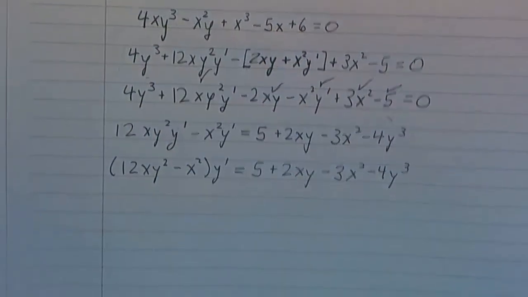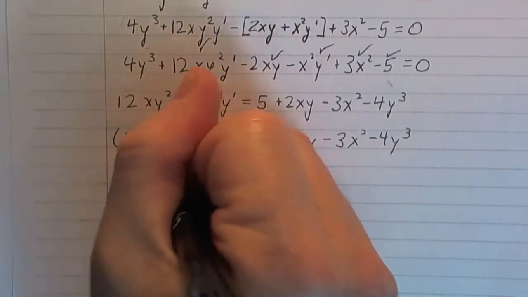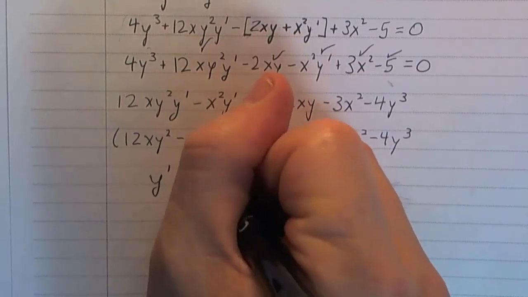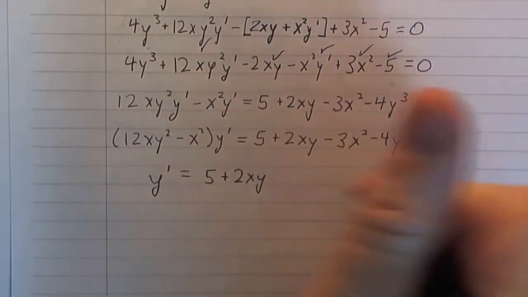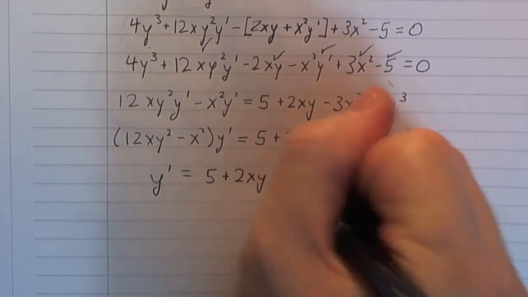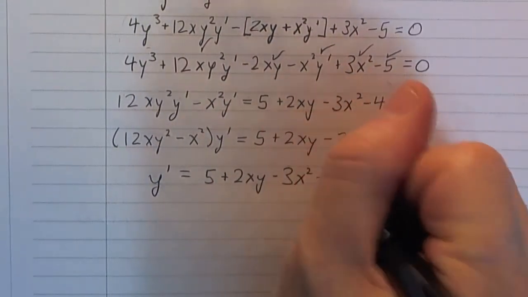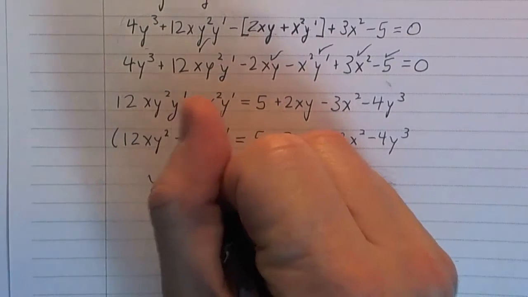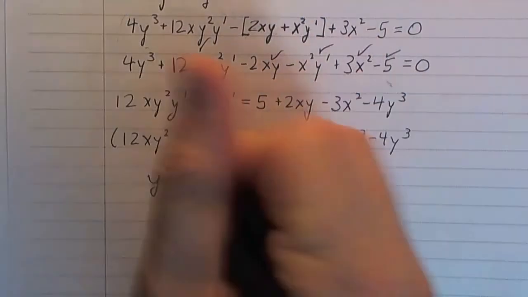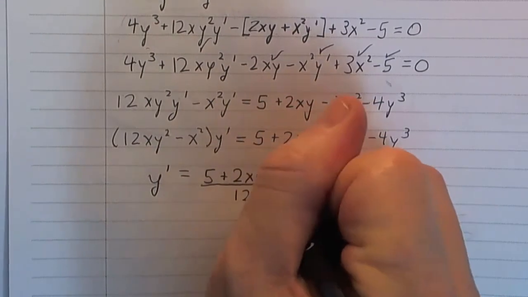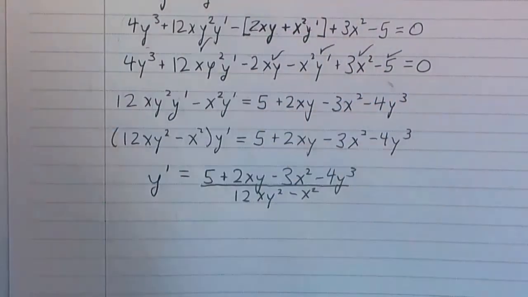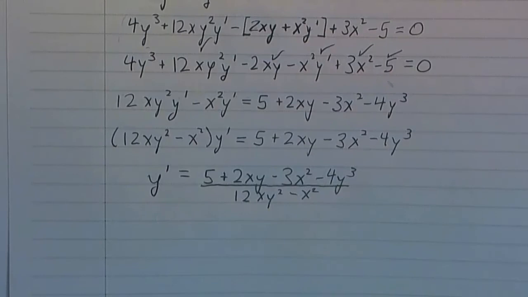And then I just divide and I'm done. Okay, so here I go. I've got 5 plus 2xy minus 3x squared minus 4y cubed. Let's see here. And then divide it by all this business here. There. There's our derivative right there.